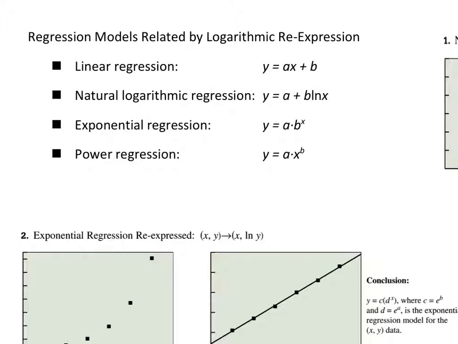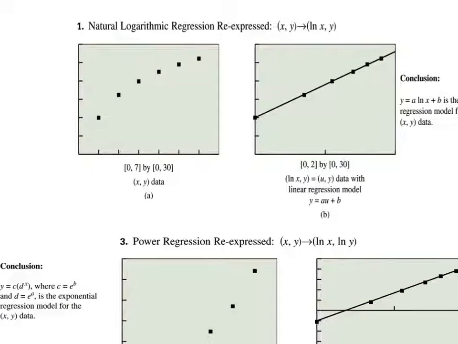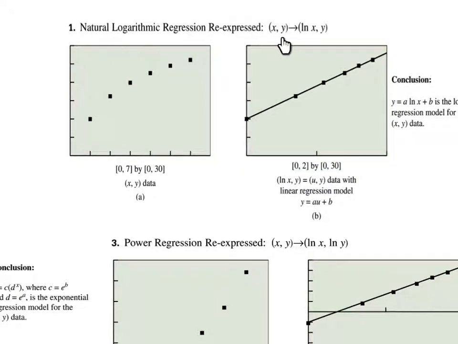So let's look at what these represent. Natural logarithmic regression re-expressed. See how you start with the points (x, y) because this curve looks like a natural log? What you do is you take the natural log of the x values and keep the y values. So you'd enter x in list 1, y values in list 2, take the natural log of list 1, and you're still using list 2.